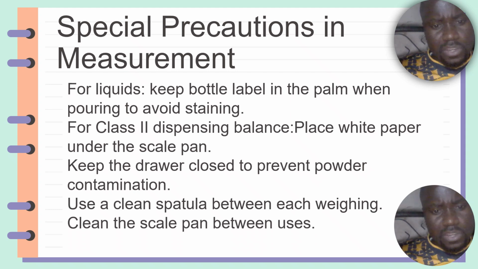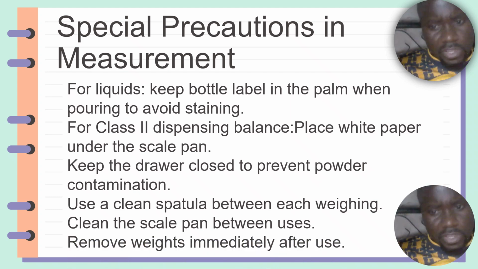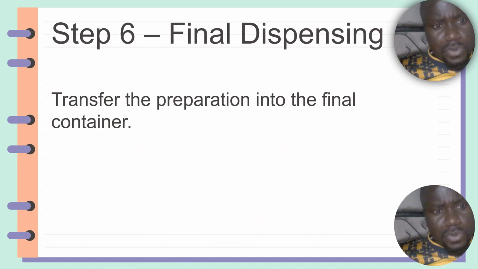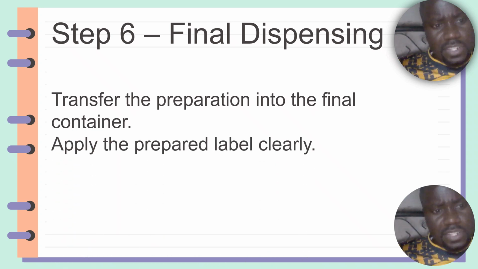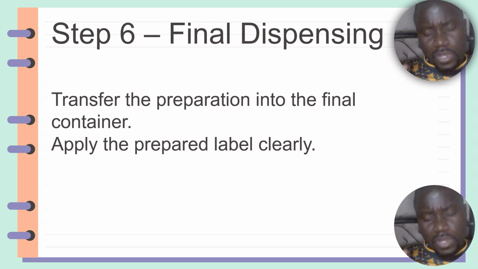Then we clean the scale pan between uses and ensure we remove the weights after we have finished our weighing procedure. The final step is the dispensing part. We have made the product, so we transfer the preparation to the final container, which we prepared in advance. Apply the label clearly. We have to apply the label on the container about 3/4 down below the top.